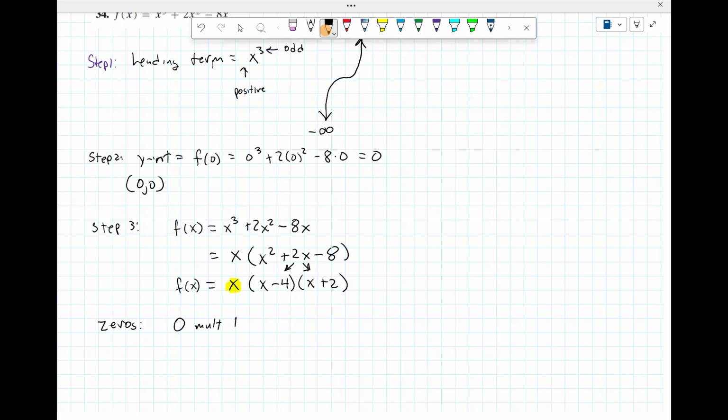Looking at the next factor, we have x minus 4. So that means that 4 is a zero. And again, there's no exponent on that parentheses, so our multiplicity is just 1.